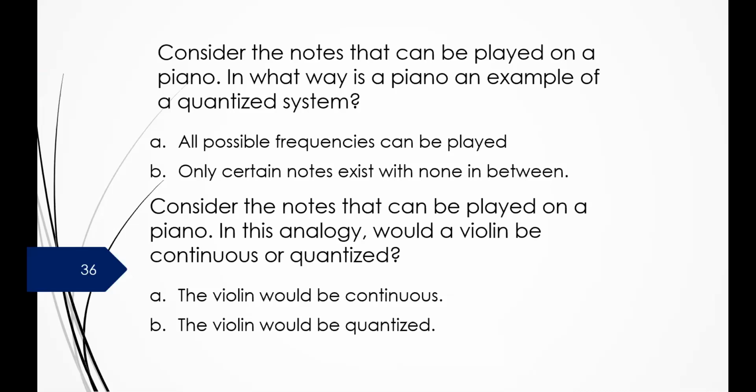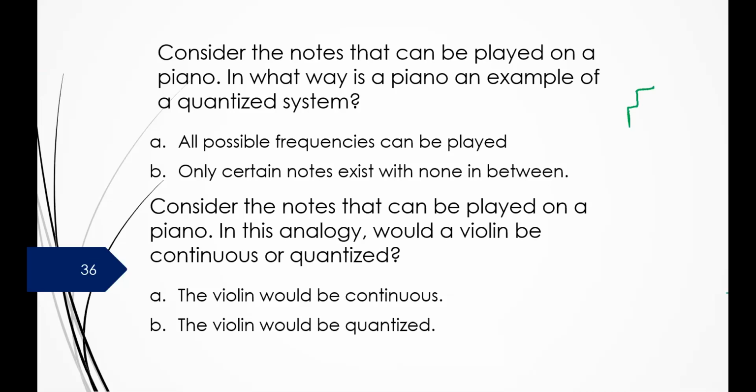A piano is played with keys. You push down a key and it will strike that one value. There are the sharps and the flats, but in between there are steps. Each of those keys is a step. So we can hit the different notes, but we can't necessarily hit between those notes.